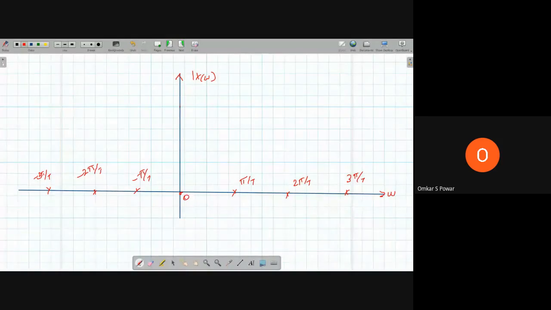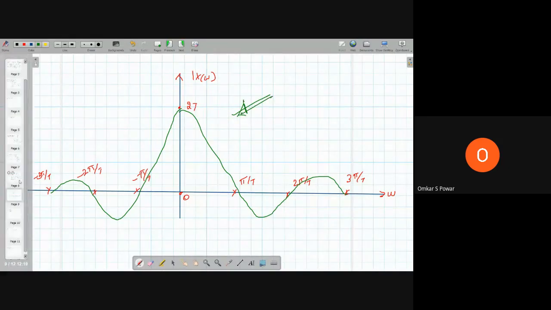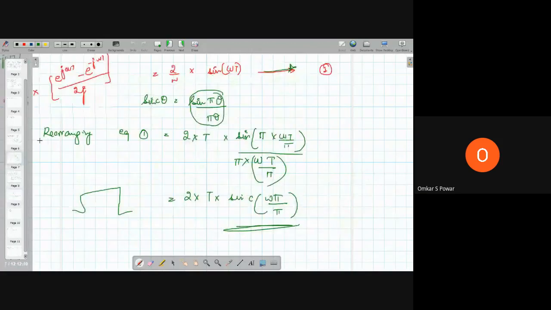We got 2t. So how can we draw this? It takes the structure like this. Okay. If you go and study this sinc function, you will understand a bit more. You can directly draw it after getting the sinc function, but to make you understand, I have done this.